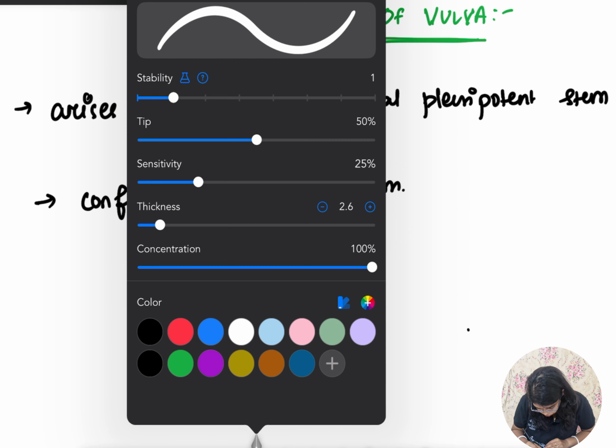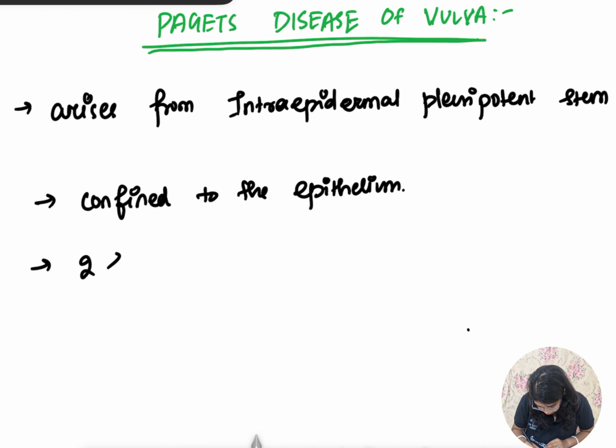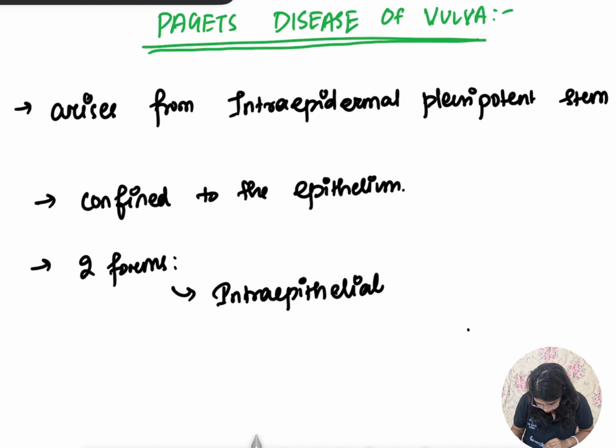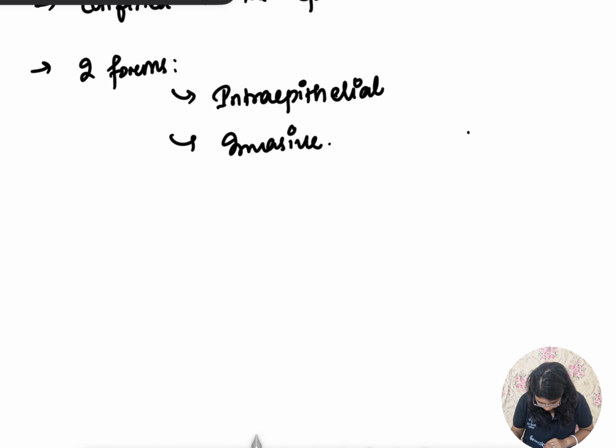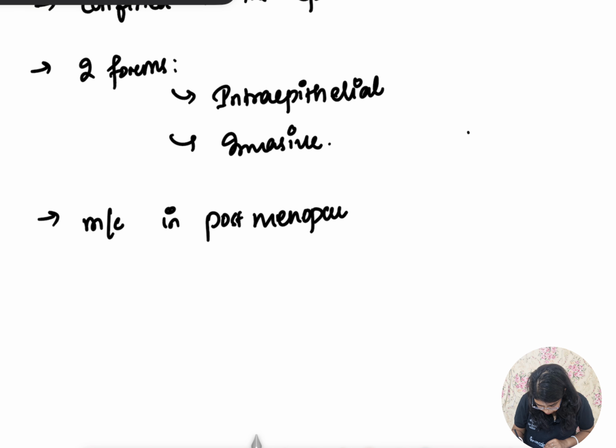And it has two forms, that is intraepithelial and invasive. This is found most commonly in post menopausal women.